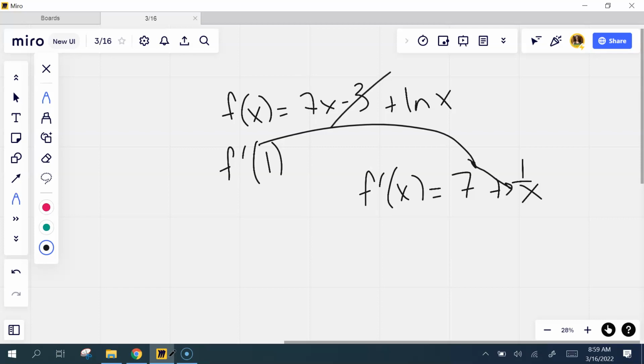Remember, this is testing the definition. What is the definition of a limit? It's got to be the same from the left and the right. There's only one that's not the same from the left and the right, and that's at 4, because that's a jump discontinuity, which means the limit does not exist there.